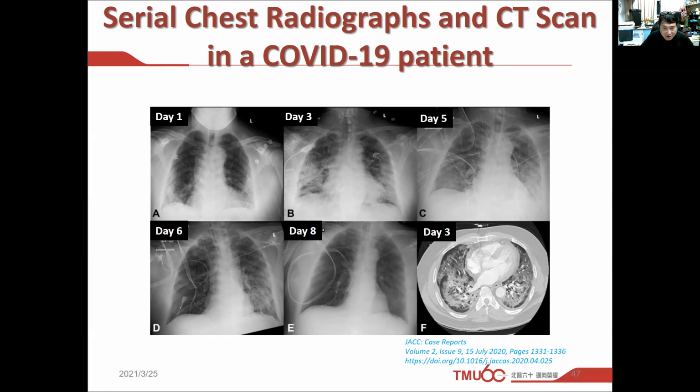Okay, the white spot here, and day 5, day 6, day 7, day 8, you can see a gradual recovery, and you can see more dense and dark lung tissue observed in the chest X-ray film.